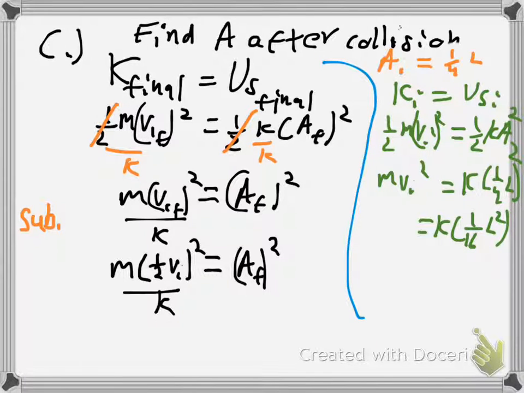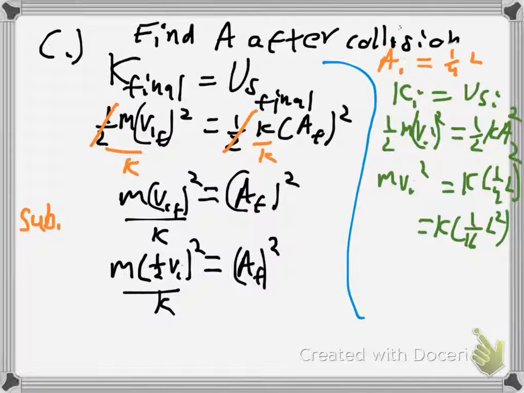Ignore everything on the right hand side right now. If we consider this energy equation, we have our final kinetic energy in terms of V1F, and right now I just have the final amplitude as AF. We can simplify that and find that the amplitude squared is going to be equal to m over k times the final velocity of 1 squared.